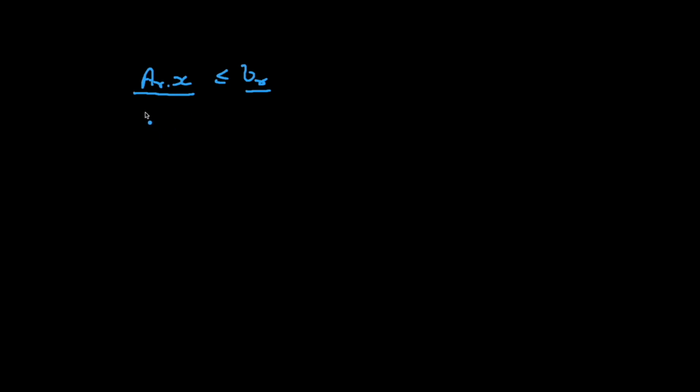Okay, so first of all, what exactly do we mean by a redundant constraint? A constraint is redundant if we can remove it from our set of constraints and our set of solutions remains the same, right? So let's say this is our set of feasible solutions of our mixed integer program.